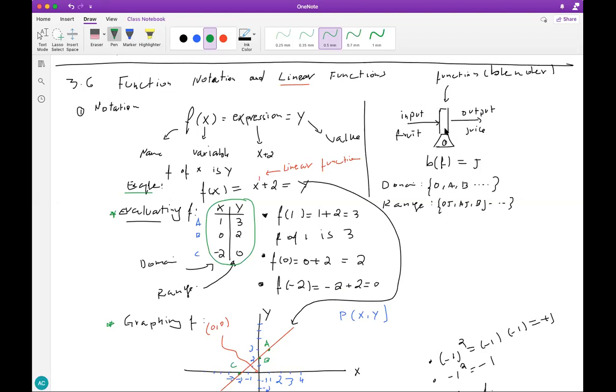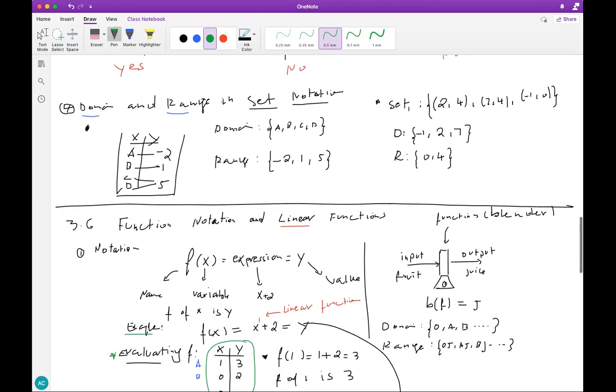So some items are restricted. For example, when you buy a machine or a blender or a microwave, the user manual will say something like, can't use this, can't plug that. Same thing with functions. There are certain things we can't plug in, we can't use.